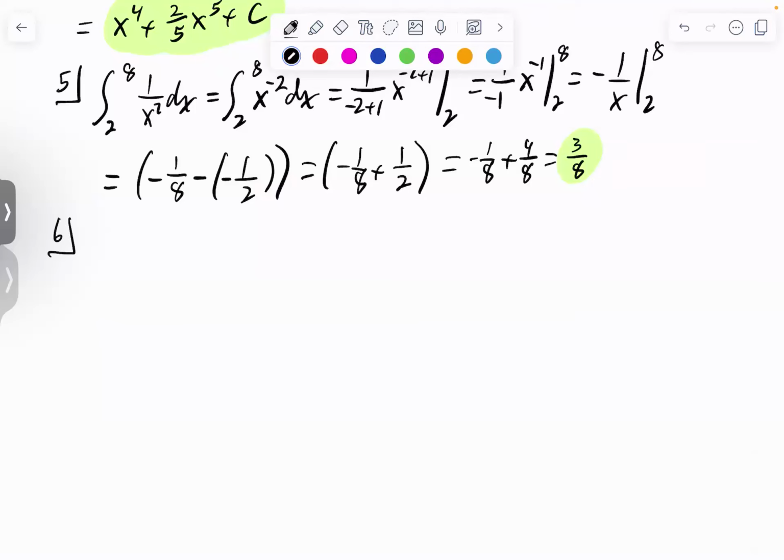All right, we have kind of a long one here. We have all that. And I'm going to break this up into several simple separate integrals.